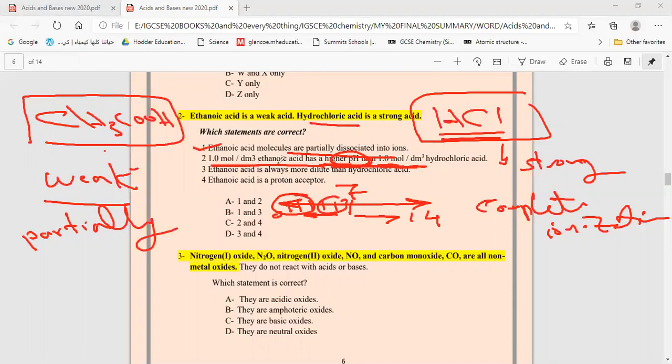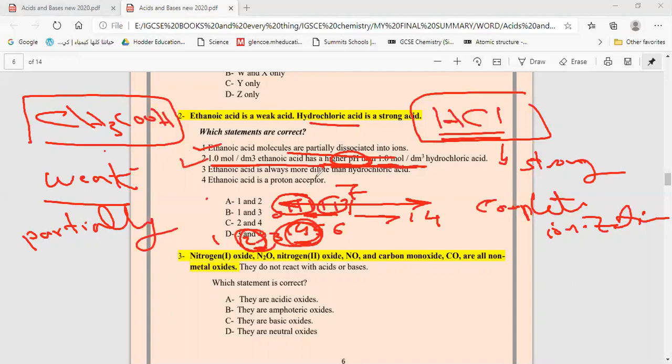Now ethanoic acid, because it's weak, has a higher value. Maybe 6, 5, 4, 3, 2, 1. We can find ethanoic acid around 4, and hydrochloric acid 2.5 in this area. It means that ethanoic acid has a higher value than this one. So this one is also correct.